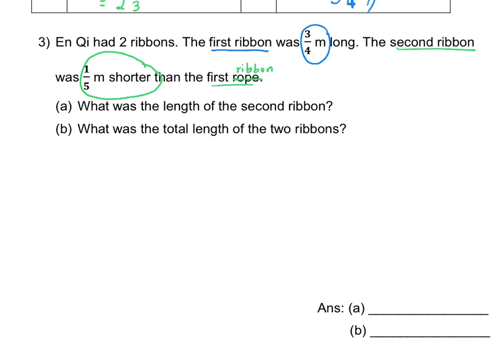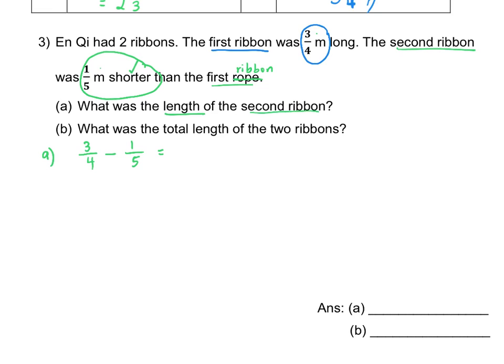What was the length of the second ribbon? So if you want to find the length of the second ribbon, it has been told to you the second ribbon is shorter. So what do you do to 3/4 and 1/5? If they say the second ribbon is shorter, you have to minus. Take the 3/4 minus 1/5 shorter.